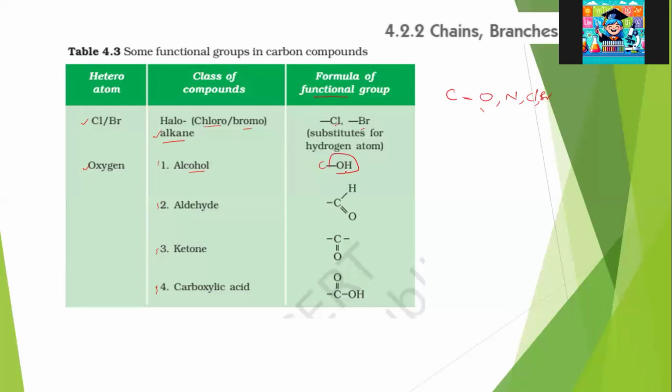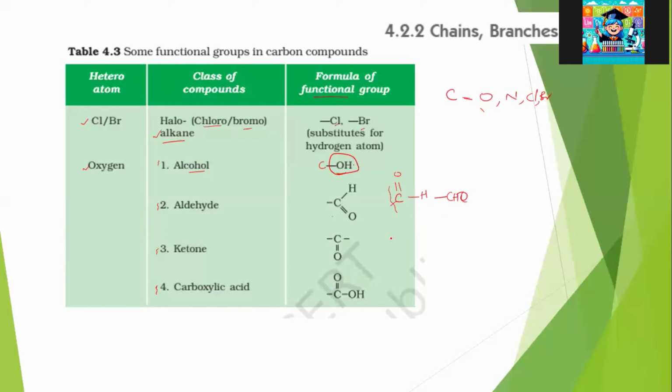So OH is the specific part of that type of compounds. OH is known as the functional group of alcohol. Then there is aldehyde. If the carbon is doubly bonded to an oxygen and attached to a hydrogen, this functional group is known as aldehyde. We also write it as CHO. So CHO is the functional group known as aldehyde.